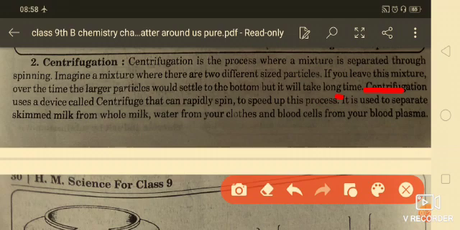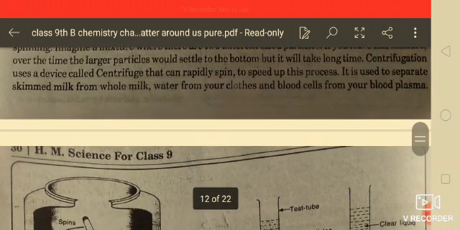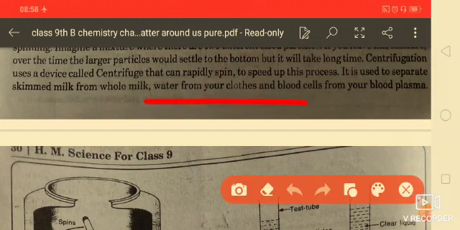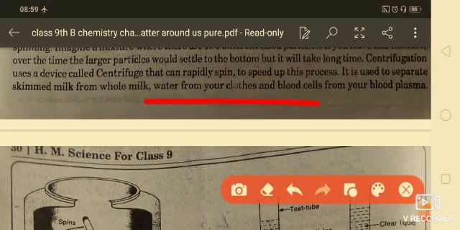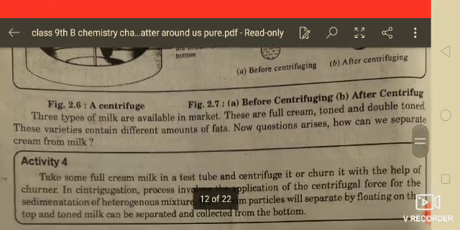Centrifugation uses a device called a centrifuge that can rapidly spin to speed up this process, and it is used to separate skimmed milk from whole milk, water from clots, and blood cells from blood plasma. In these processes centrifugation is used.